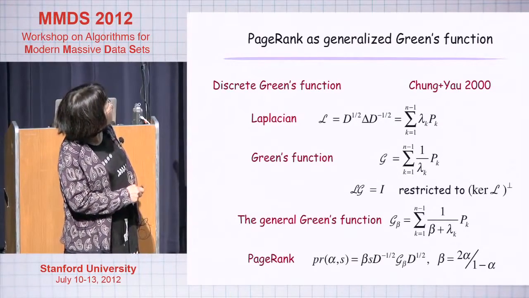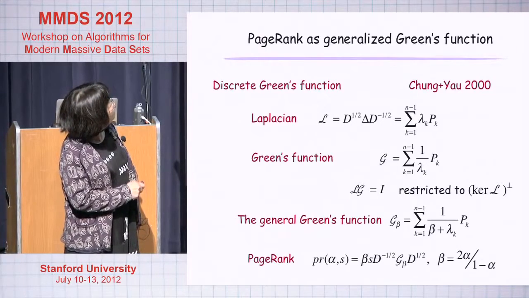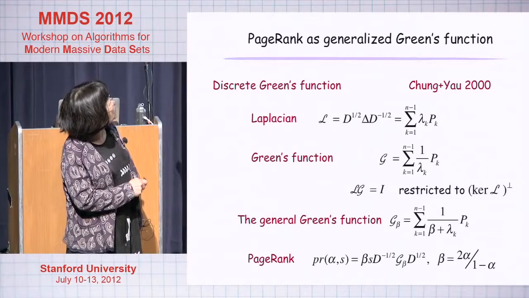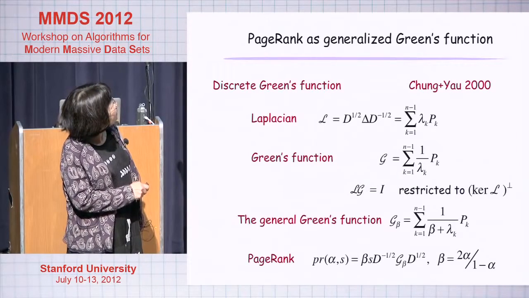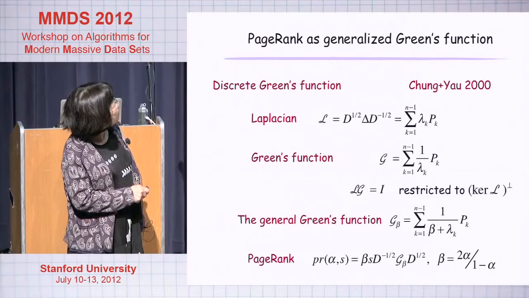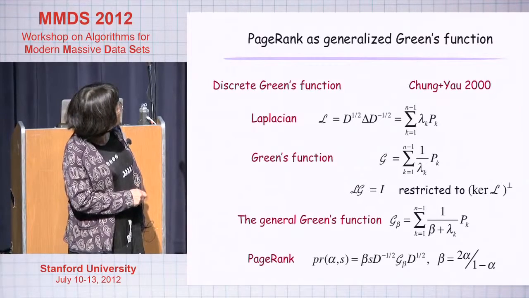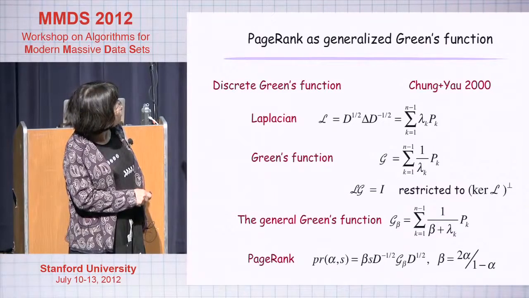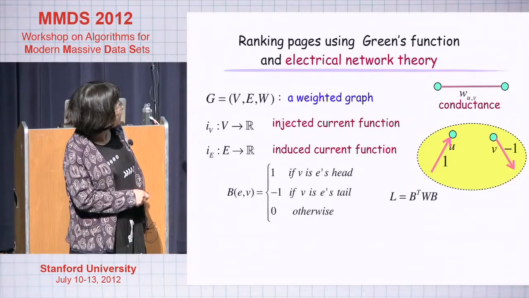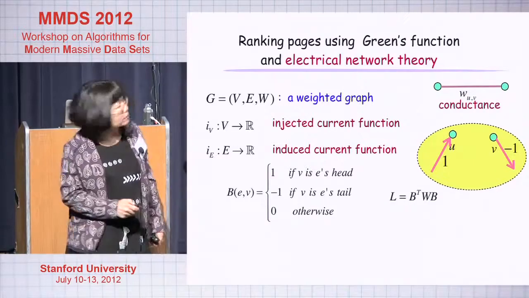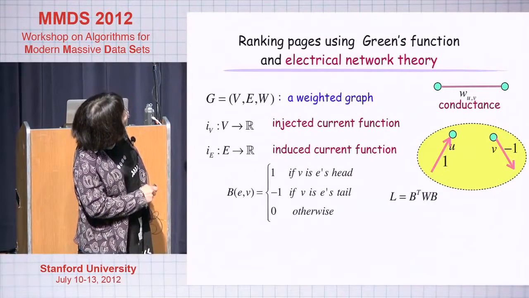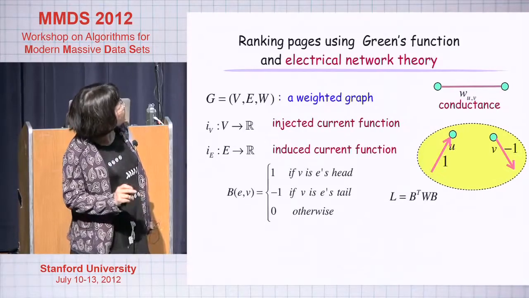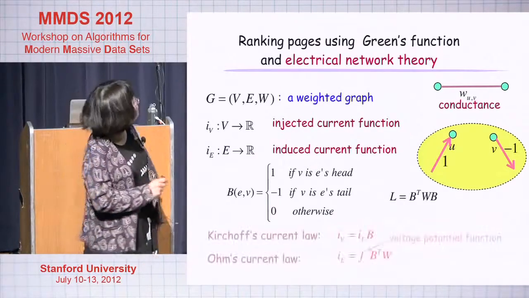But in a way, it's really a discrete Green's function. When you have your Laplace operator, you get the spectral decomposition and you have the Green's function. The generalized Green's function has this extra parameter, which is basically PageRank. If we do that, combined with a little bit of electrical network theory, I think we are running late, so I'm going to skip this part.